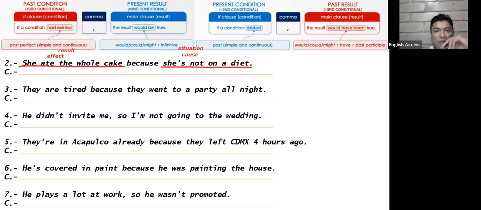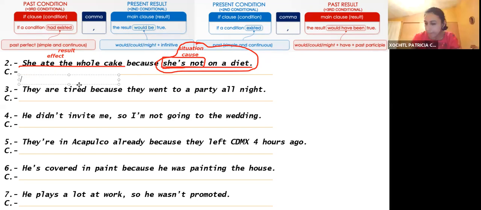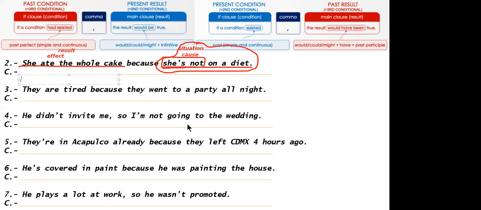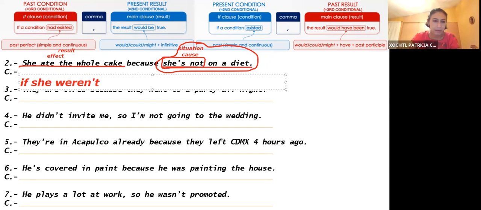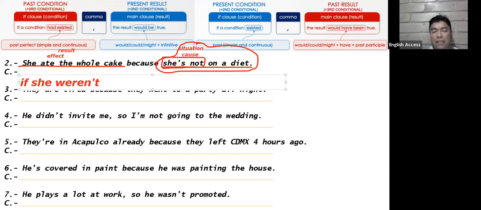But if I have my situation, she's not on a diet, I can talk hypothetically. What is the hypothetical present of she's not? If she were on a diet... If, and the verb in past. It's the opposite, remember.